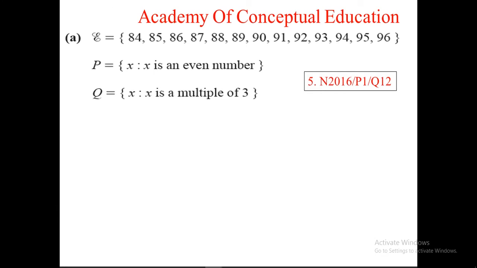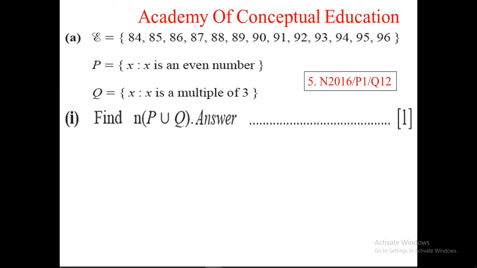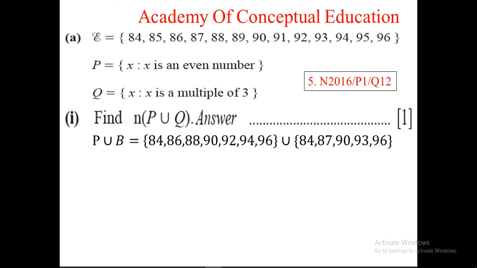Now we will discuss the fifth question. It is from October-November 2016, paper 1, question number 12. In the first question, they asked us to find the number of elements of P union Q. First of all, let's find the value of P union Q. The elements of P start from 24.